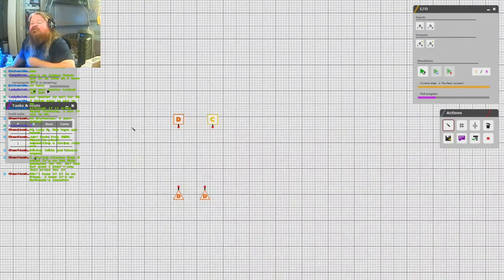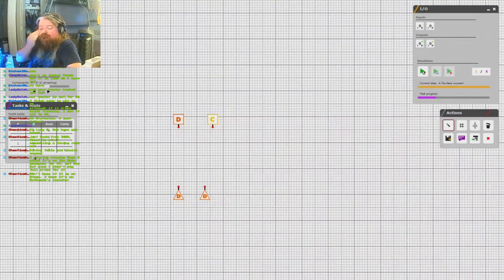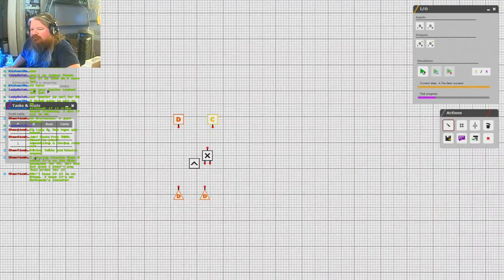Okay. Oh, that's what it is. I need an AND and an exclusive OR. That's what it is. So still 2 logic gates.